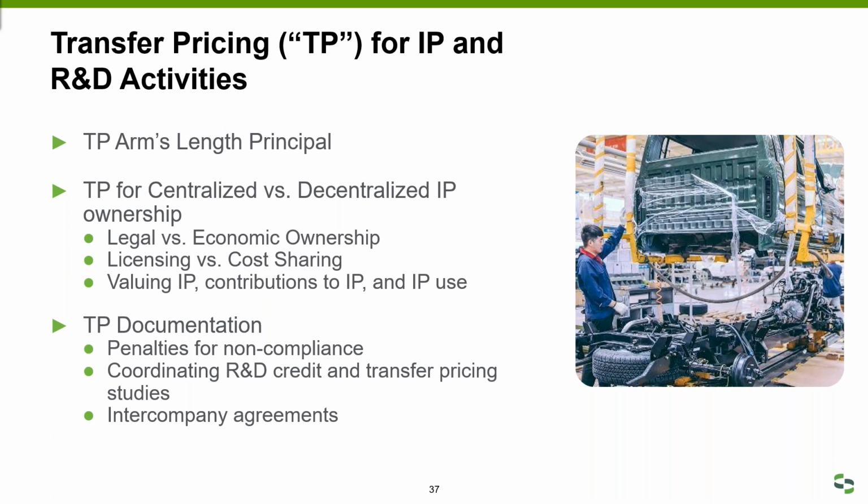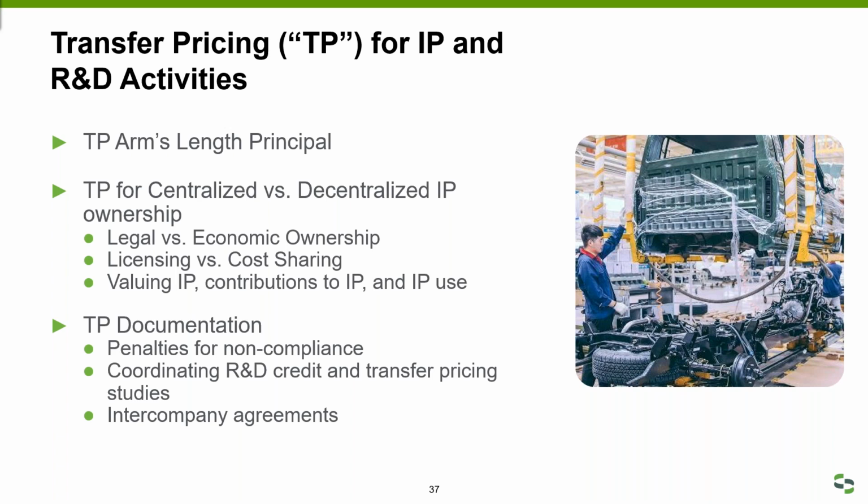So for example, if you're looking at the German R&D credit, the US is going to use the benefits of the activities of Germany, and the US company is going to benefit from that, and then the German company is also going to use the benefits of your R&D operations in the US.